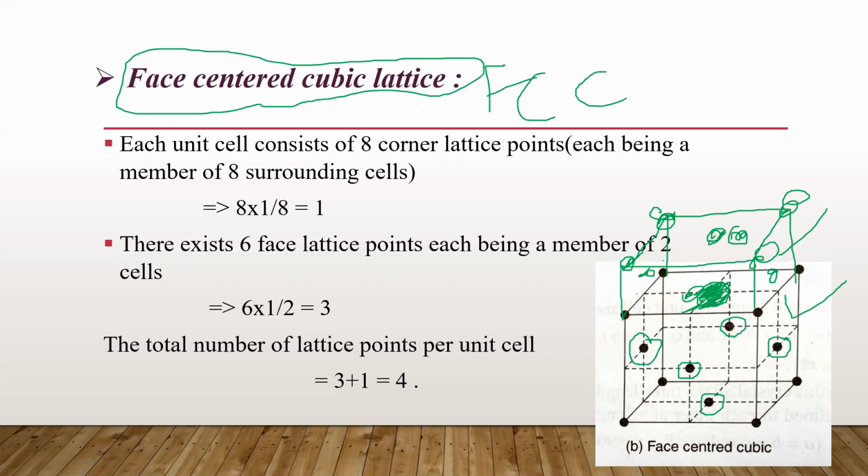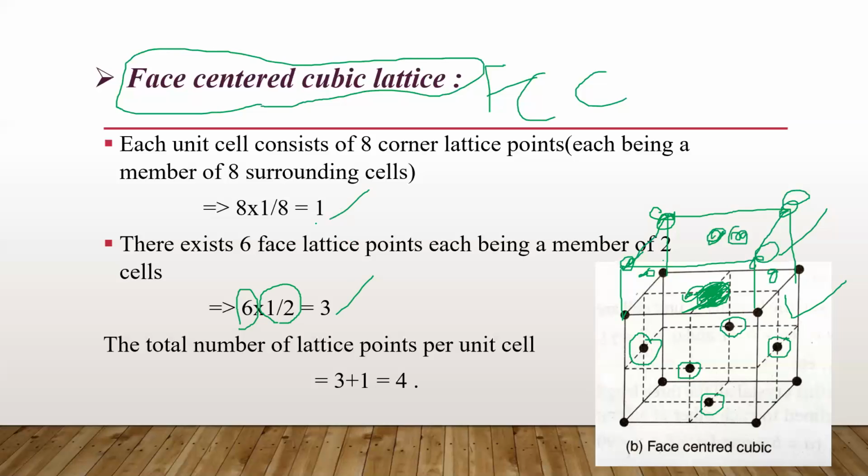So each and every face-centered atom is shared among 2 unit cells, right? So we can write it as 6 face-centered atoms shared among 2, that is, half of each will be shared among these 2 unit cells. That gives you 3. Okay.